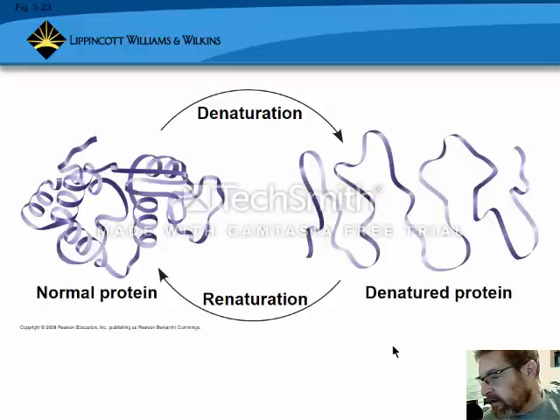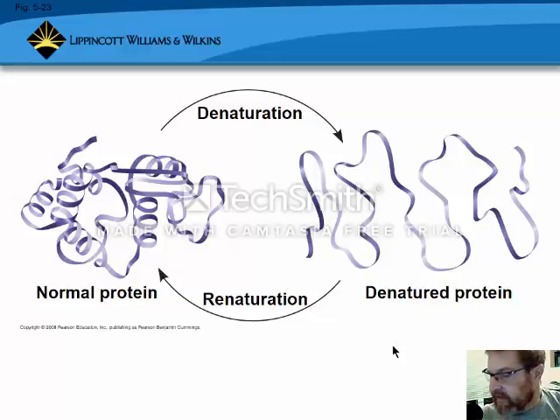An important part about proteins is that their structure can be denatured, or in other words, it can be taken off with very simple techniques, say heating. So on the left you see the normal protein, and when you denature it, just by adding some heat, you can get that tertiary structure to go back to its linear or primary structure.